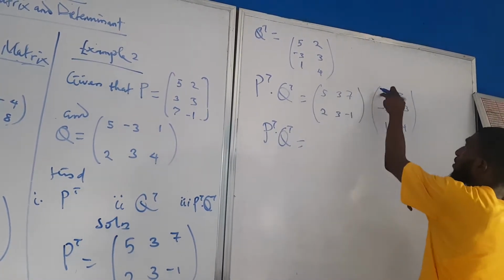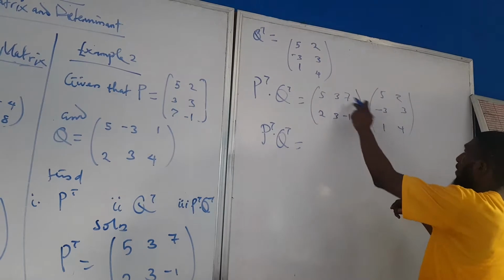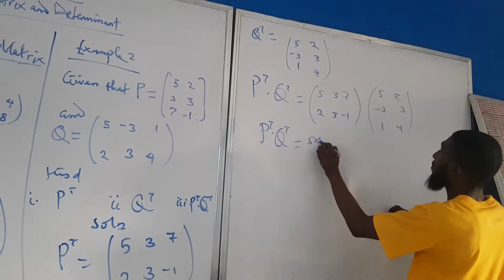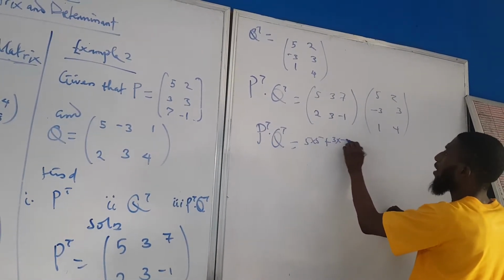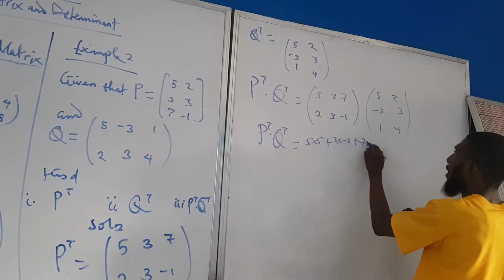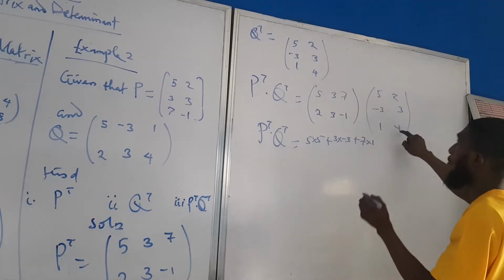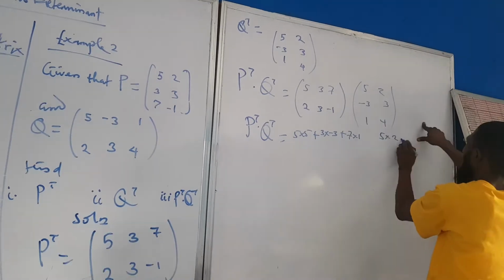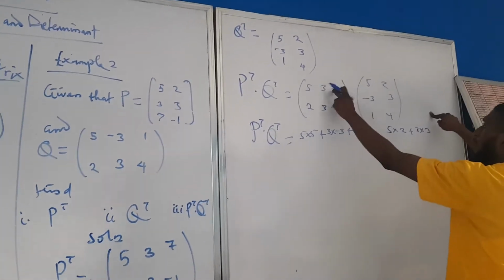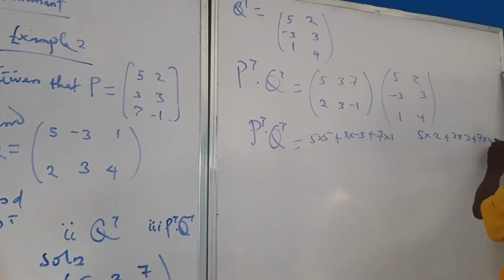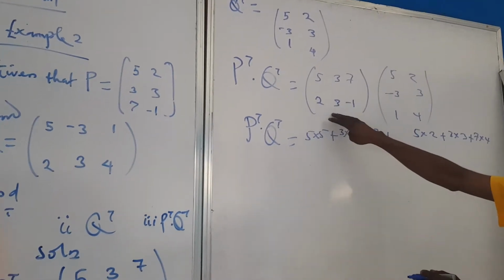Now it equals this times this plus this times this one plus 7 times 1. We now have 5 times 5 plus 3 times minus 3 plus 7 times 1. Do the same thing for this side too. For the second entry, plus 3 times 3 plus 7 times 4. We are done with that. Then we come to the second row.